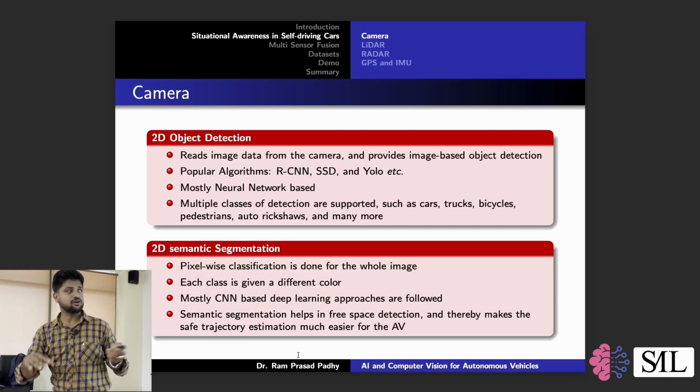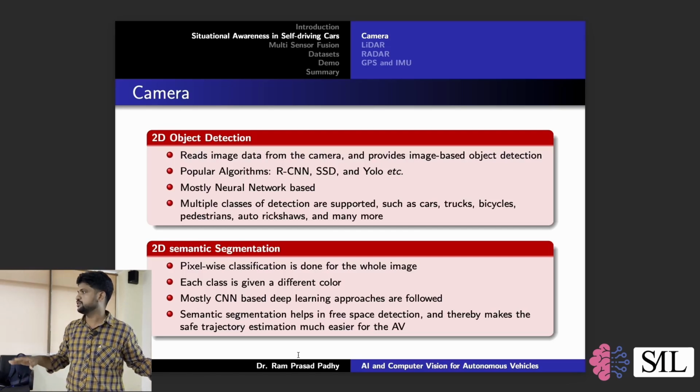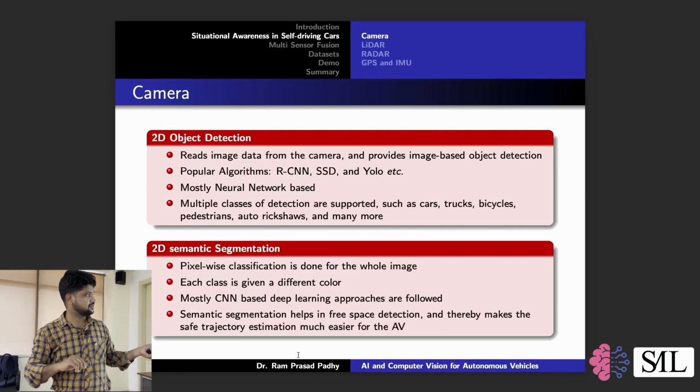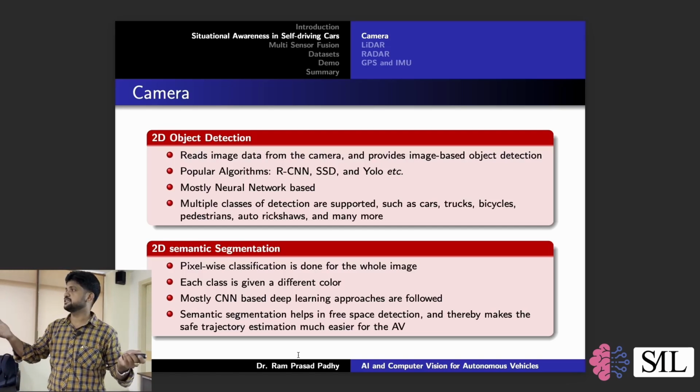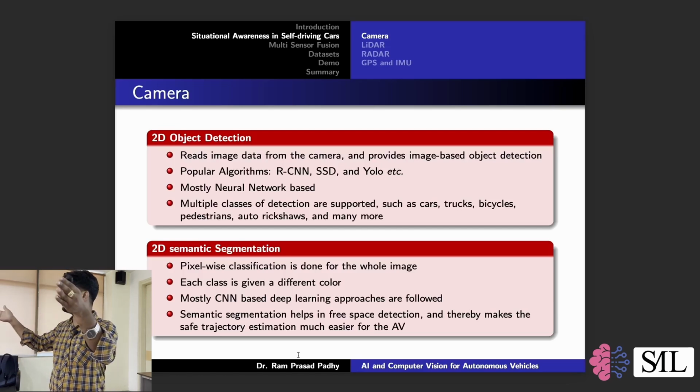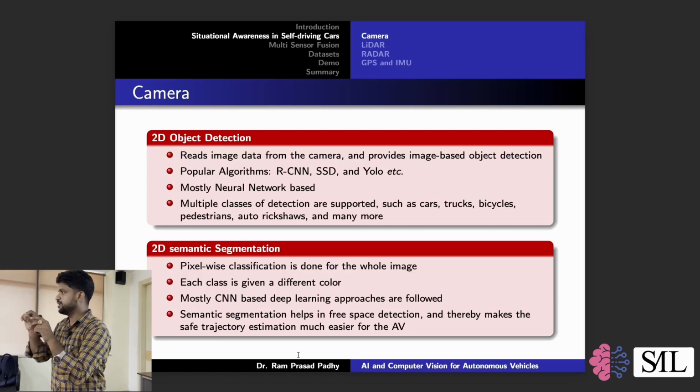I will not go into the article about YOLO and all that. Those things are nowadays readily available. You can just go through it, but you can see why 2D object detection is very important from an autonomous vehicles perspective, because there are so many objects and there is a camera available to us, and we need to know what kind of objects there are and where they are on the image plane.